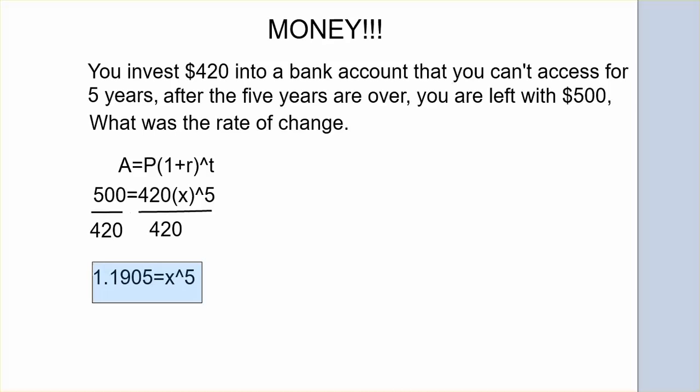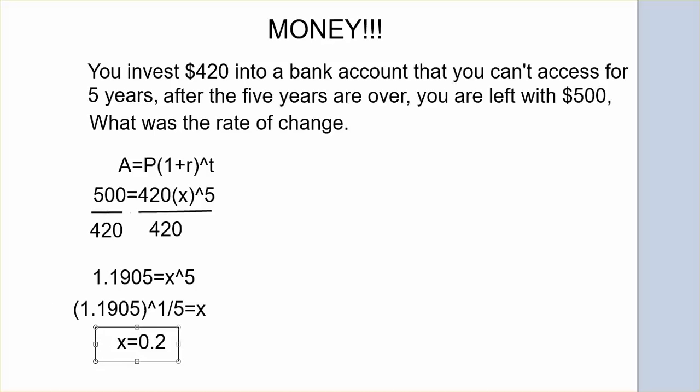And then we're just going to do 1.1905 to the 1/5 power. And from there, we're left with roughly 1.2, or 0.2 as a percent. So if we were to plug that back into this format, it would be 1.2, so the r would be 0.2.